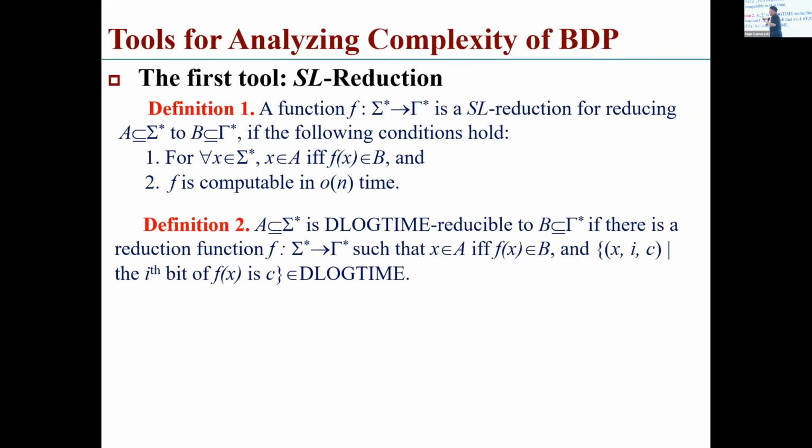A, a subset of sigma star, is D log time reducible to B in gamma star if there is a reduction function f such that x is in A if and only if f(x) is in B, and this language belongs to D log time.